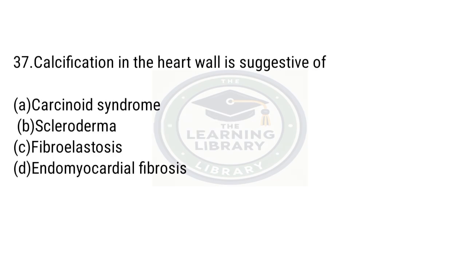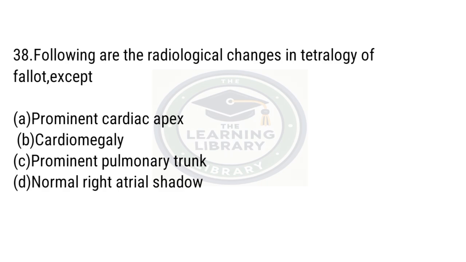Question number 37. Calcification in the heart wall is suggestive of. The right answer is option A, carcinoid syndrome. Question number 38. Following are the radiological changes in tetralogy of Fallot except. The right answer is option D, normal right atrial shadow.